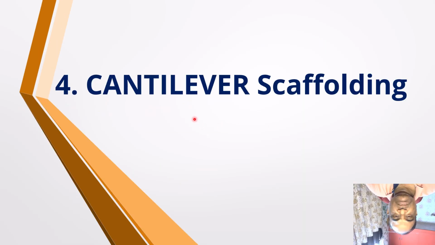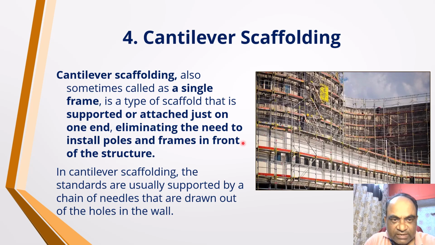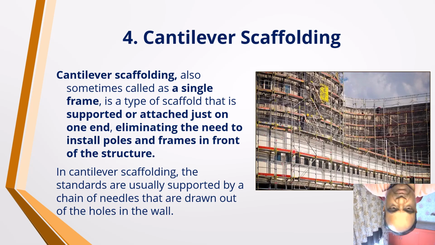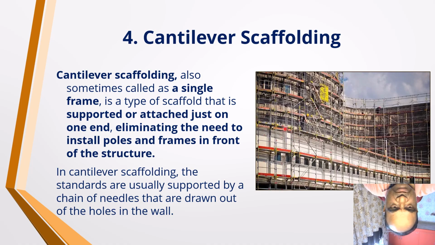The fourth one is cantilever scaffolding, and as the name suggests, cantilever scaffolding comes out of the walls of the building, and it stands on a single pipe. Basically, the other end is supported in holes made in the wall.